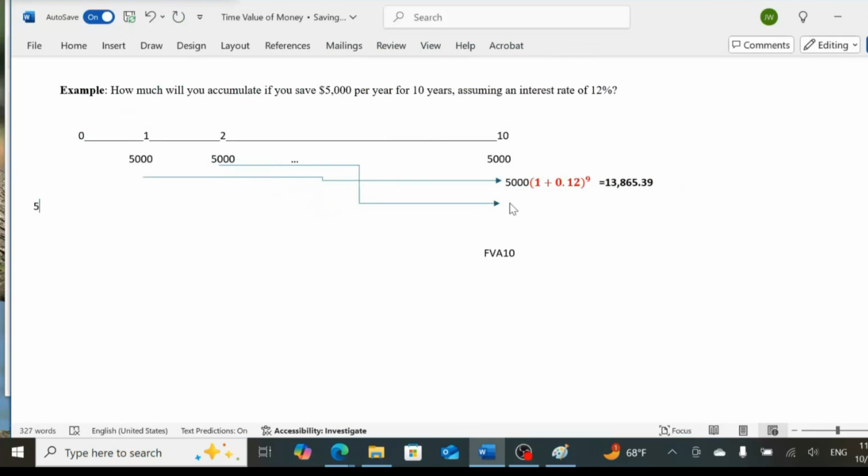So 5,000, this time 5,000 and everything is the same, but to the 8th power.